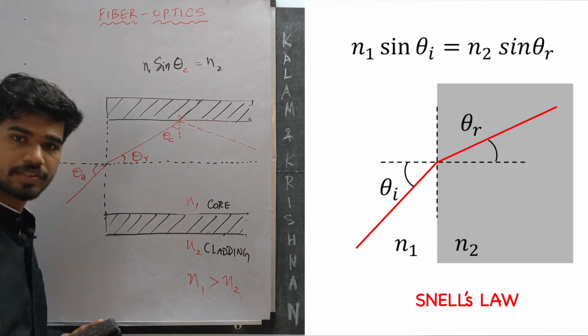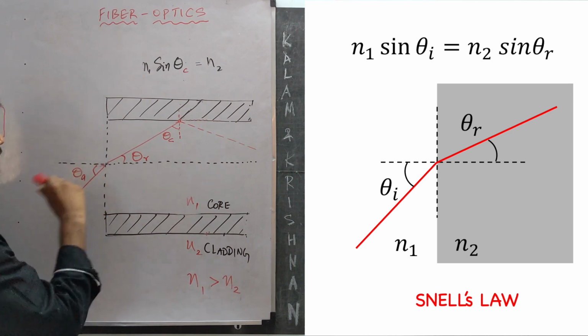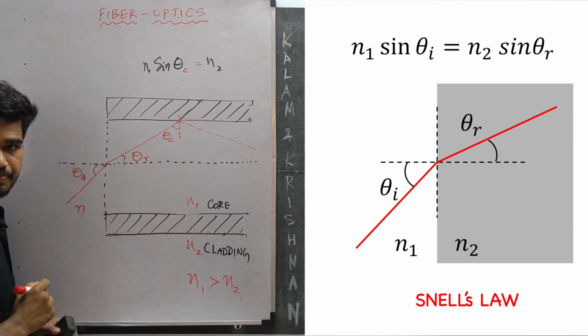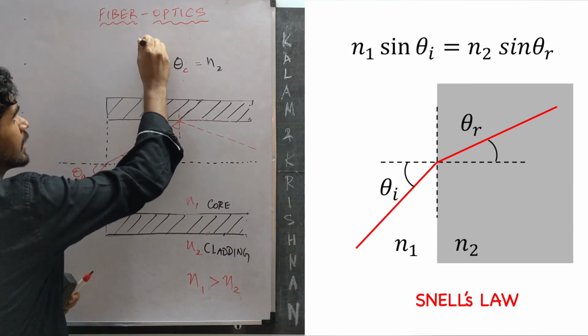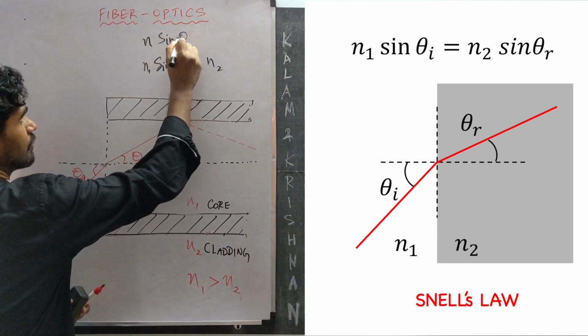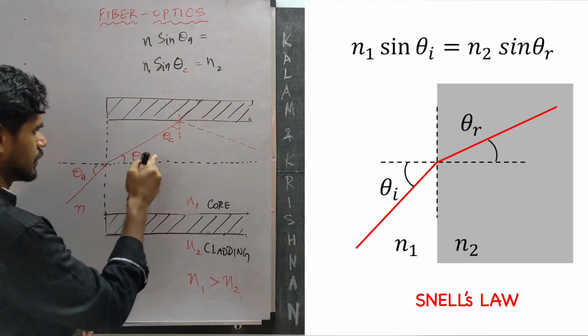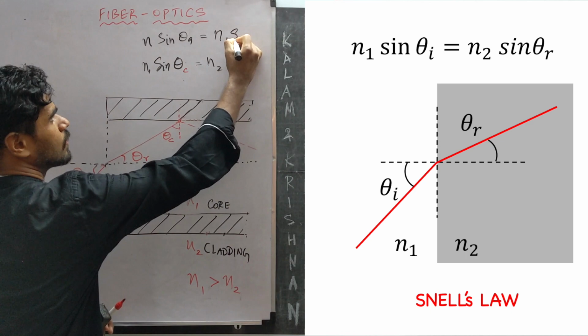That is straightforward, again Snell's law. Let's call the refractive index of this medium, which is usually air, n. So the second Snell's law is n times sine of theta a, the angle at which light hits the interface, equal to n1 times sine of theta r.